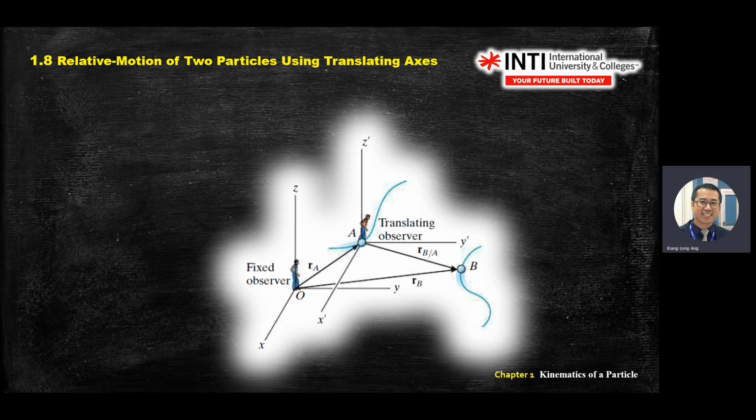One is B, which is what you previously analyzed, this B object. It moves in a certain way. Then there is one more observer, which is moving also.